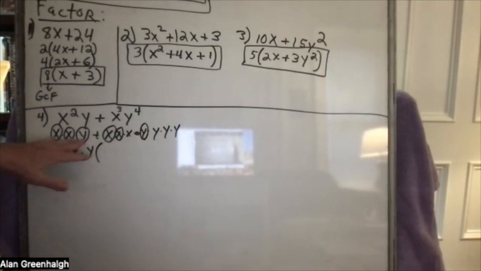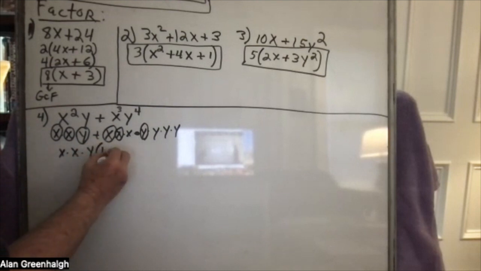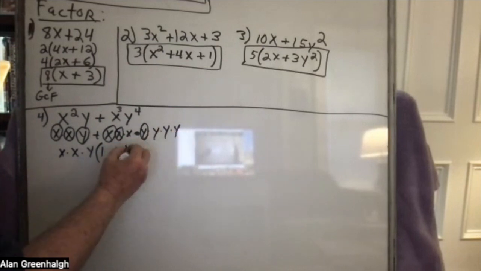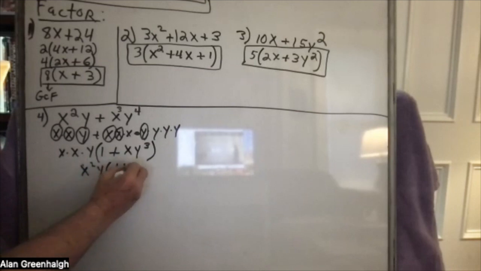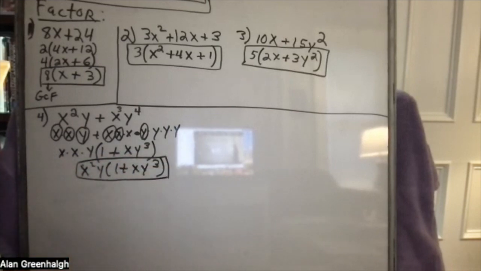And over here, you can't just put 0, it's not 0, it's 1 plus another x is still left over here, and 3 y's. And this is the answer. Well, this is not the answer, this is the answer. That's one way of doing the problem, just showing you exactly what's happening there.